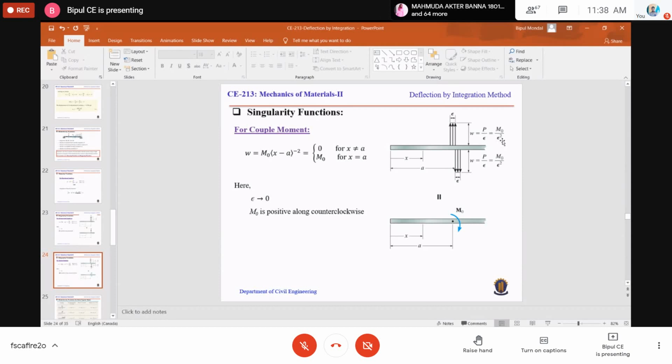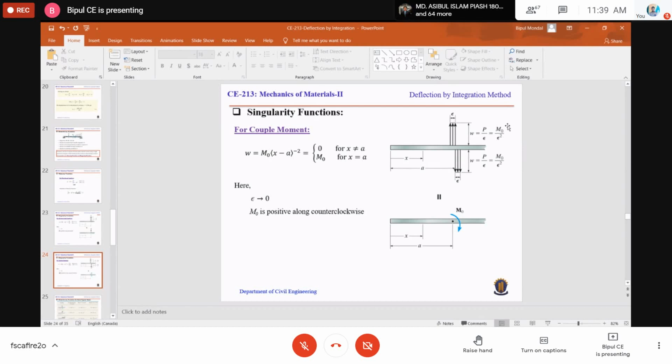Okay, so what is epsilon? Epsilon is the length, so we can express it in terms of x minus a. Therefore, the uniformly distributed force will be moment divided by x minus a to the power 2.